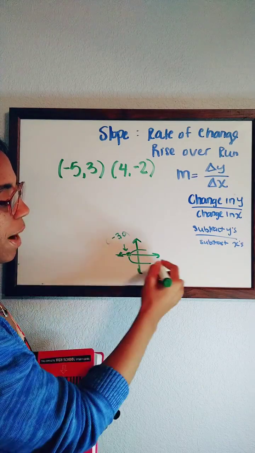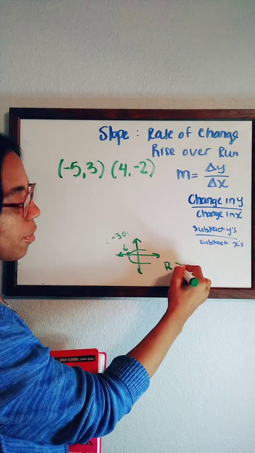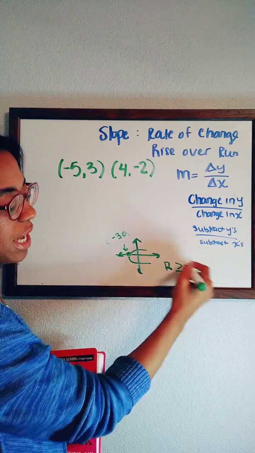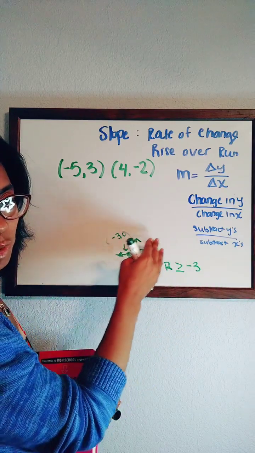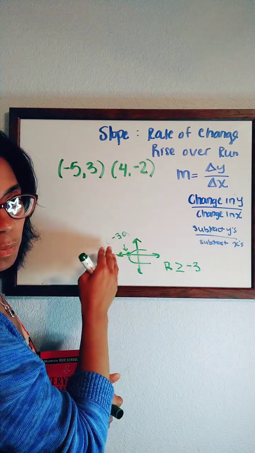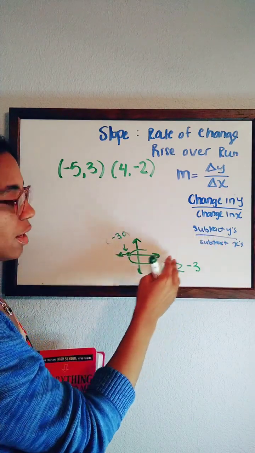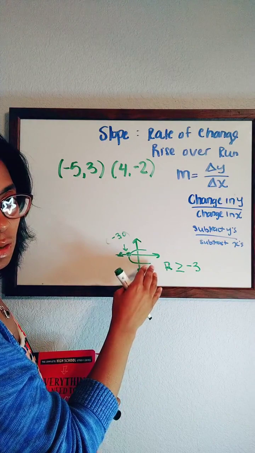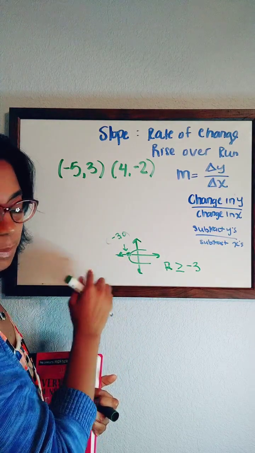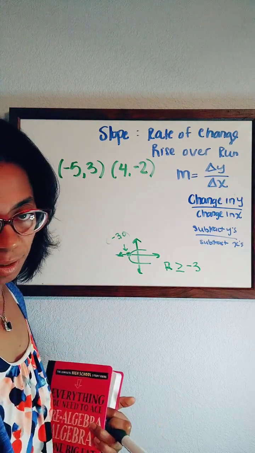So my answer would be all real numbers greater than or equal to -3. That's my domain. I can't do anything else past -3.